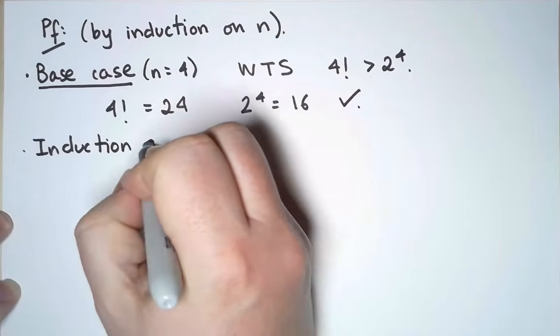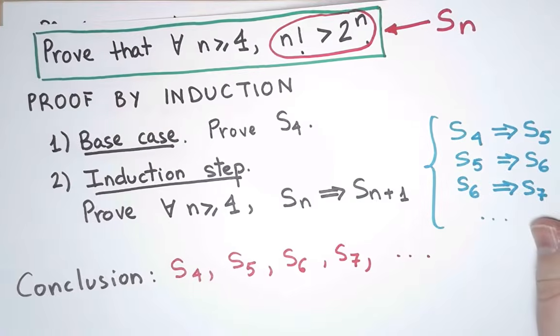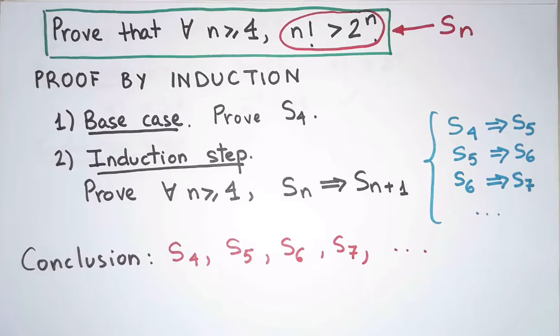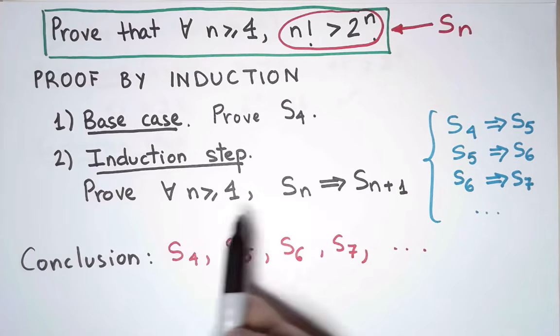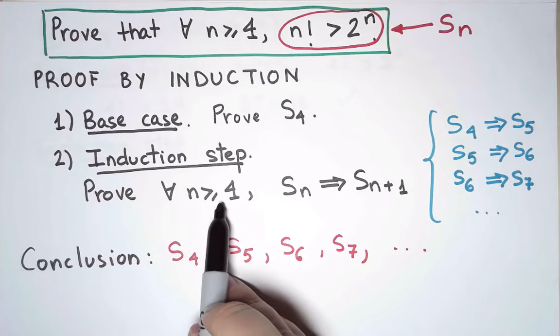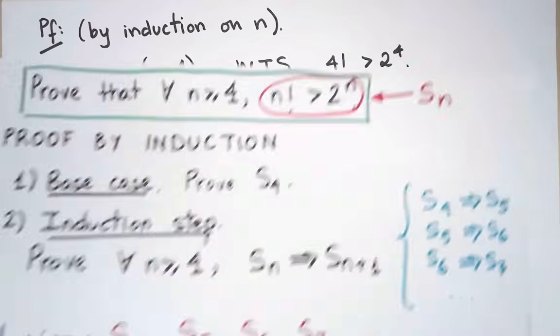Next is the induction step. This is the more interesting one. What I need to do is for every n, prove that Sn implies Sn plus 1. So this should be for every n greater or equal than 4. So the first thing I need to do is fix a value of n, otherwise nothing will make sense, and it must be arbitrary.